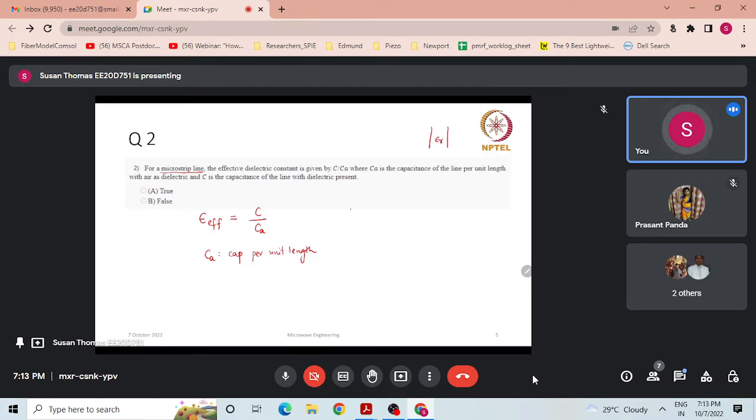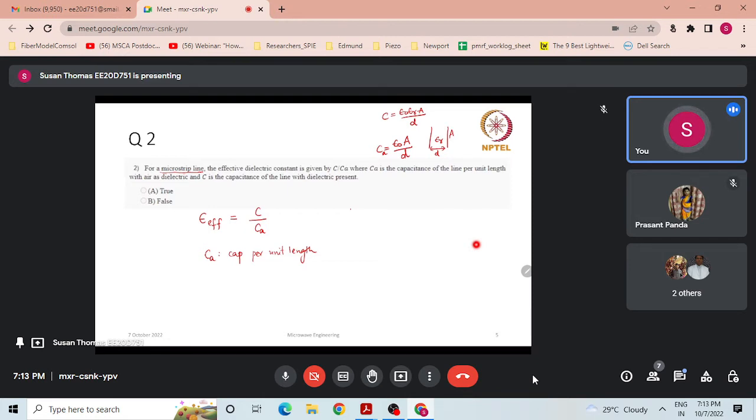In that case, the capacitance can be written as epsilon 0 epsilon r A by D, where D is the distance between the plates and A is the area of the plate. This is the case when the dielectric epsilon r is present. If air is the medium between the two conductors, I can write it as epsilon 0 A by D. This is denoted as Ca.